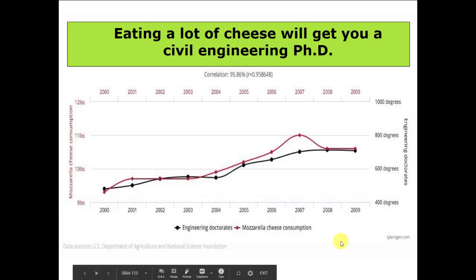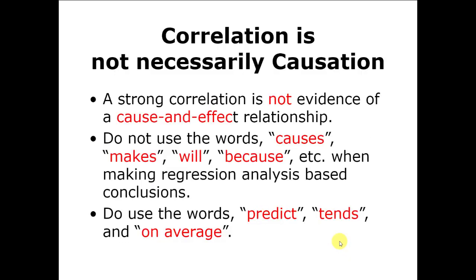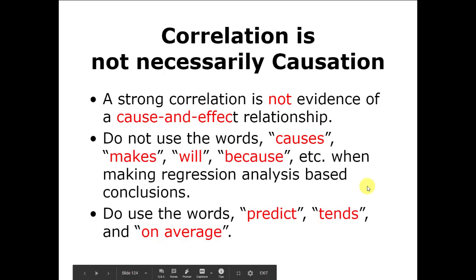So when you are looking at correlations and you're investigating a relationship, always consider that there could be a spurious correlation occurring. To summarize, correlation does not necessarily imply causation. A strong correlation is not evidence of a cause and effect relationship.